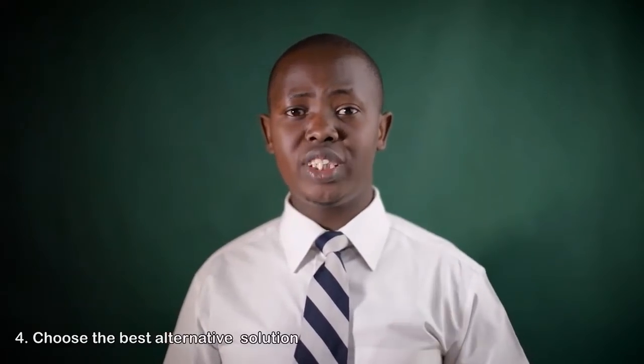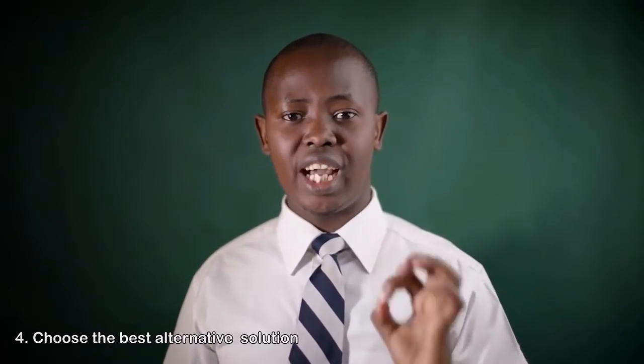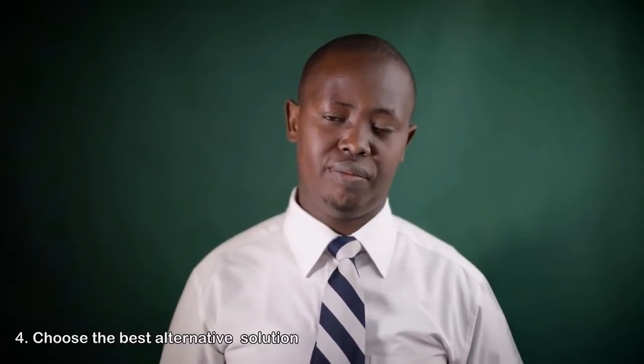Our fourth step in making the right decision is that of choosing the best alternative solution. Remember, we started in step 1 by defining what the problem is. Then in step 2 we analyzed the problem. In step 3, we developed alternative solutions.